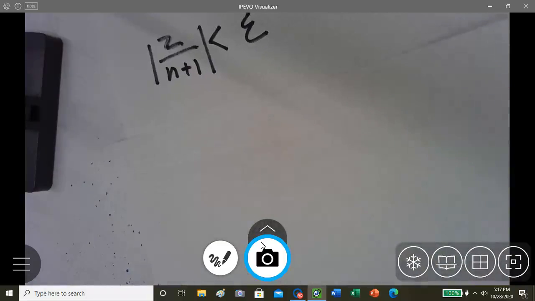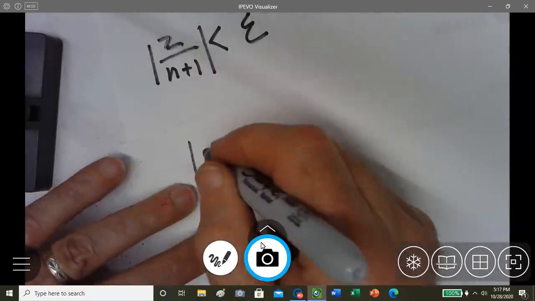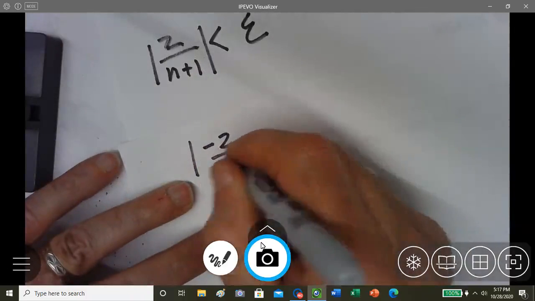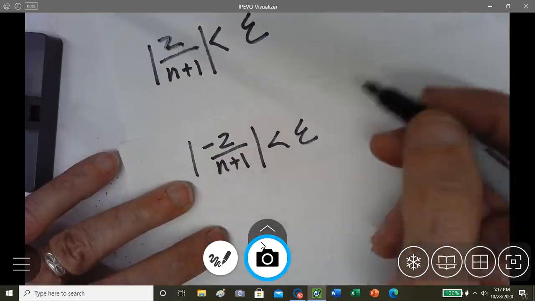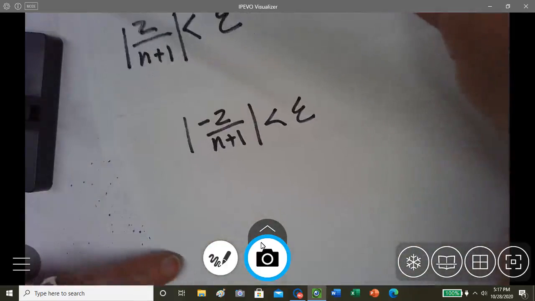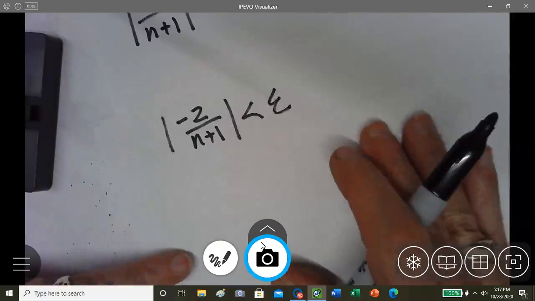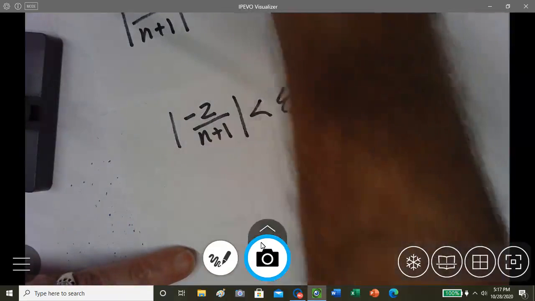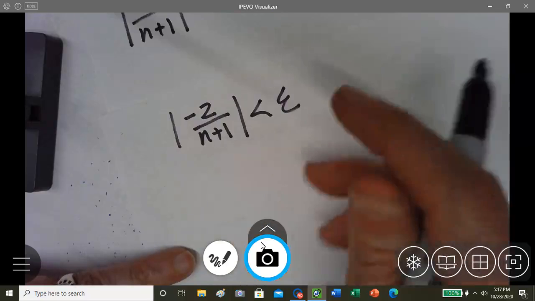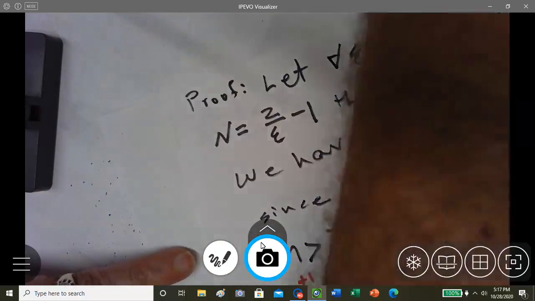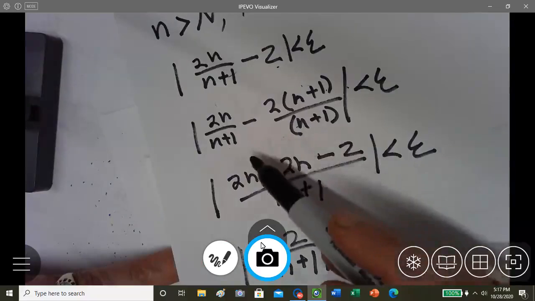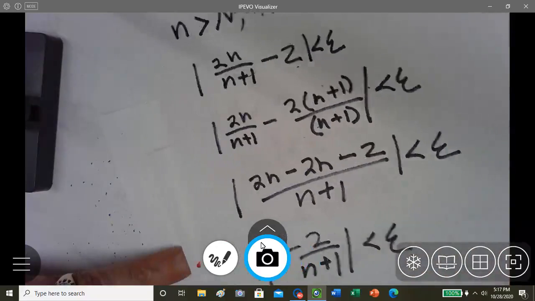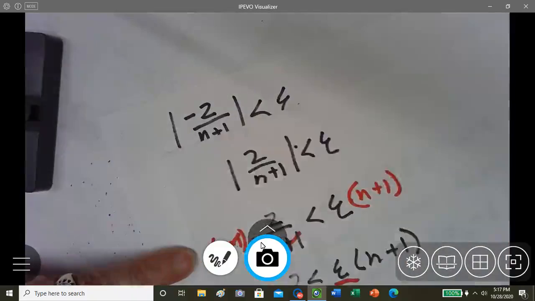And so because we have the absolute value, that's the same thing as if we had a -2 in there over n+1, because it's an absolute value, is less than epsilon. So now we need our n. So since we had here 2 n's, right? So now we have to add and subtract 2n.